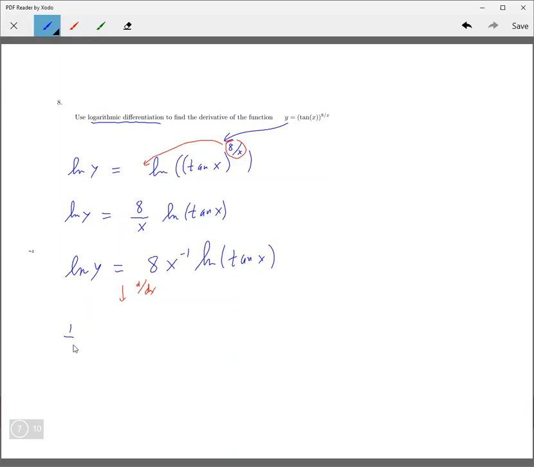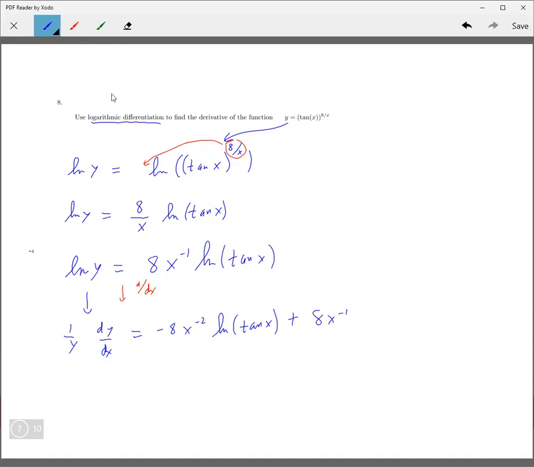And now we're going to take the derivative of both sides. So this is 1 over y dy dx. That's that one. Here, it's product rule, so take the derivative of this first. That's negative 8 x to the minus 2 times this term, plus this term times the derivative of this term.